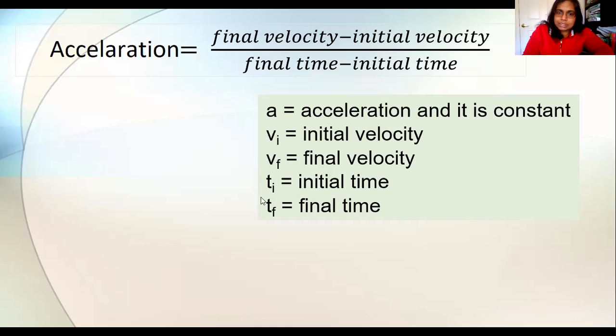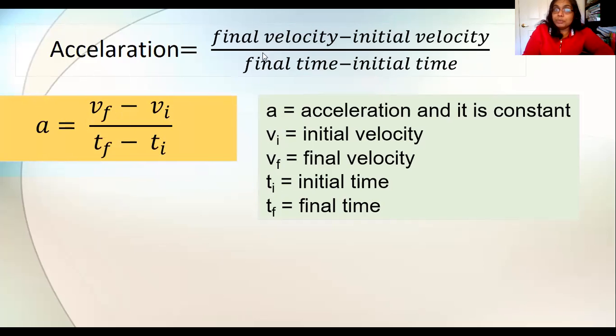And the initial time is TI. So you see the letters I and F indicate initial and final, right? And V indicates the velocity, T indicates time, A indicates the acceleration. So if you put this into an equation format, it will be A equals V final minus V initial divided by T final minus T initial.